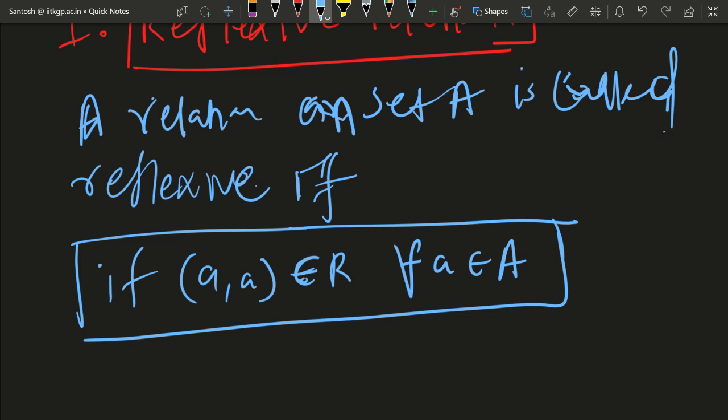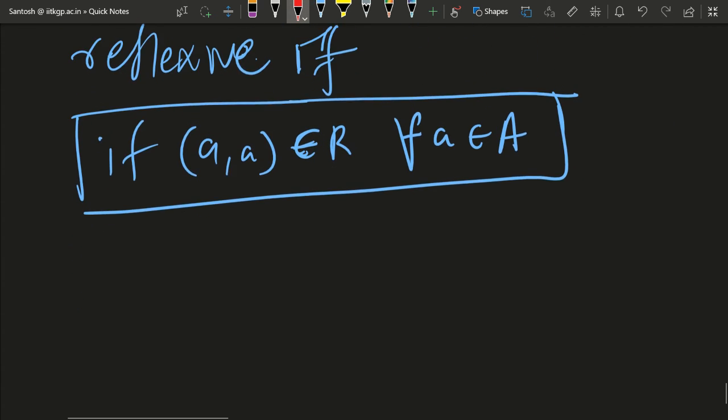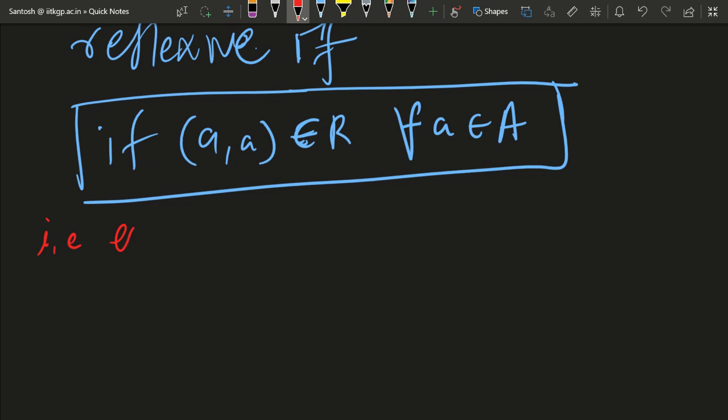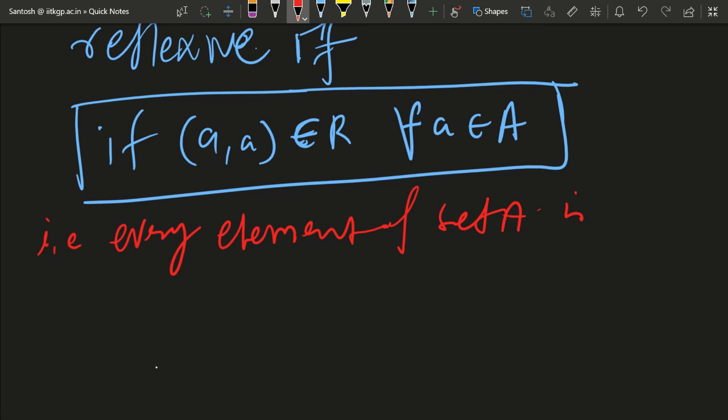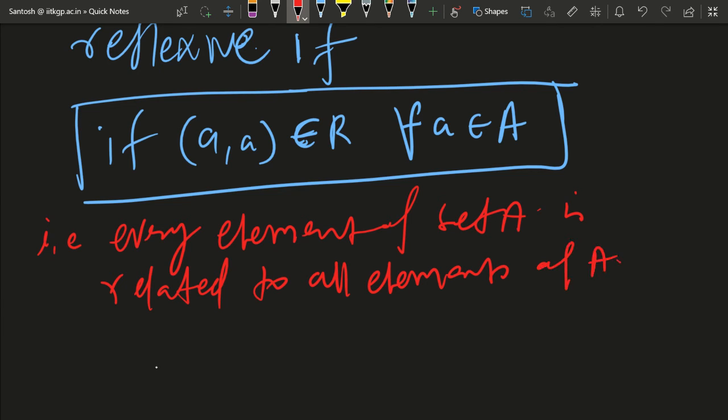In words, every element of set A is related to itself.